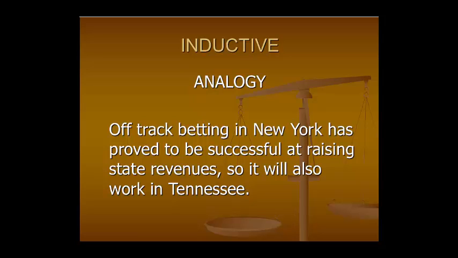And in New York, you can go into these special companies and place the bets legally, whereas you couldn't do it in most businesses. So is this something that should be in Tennessee? We'd have to take a look at an analogy and see if this is going to actually be something that could work. We have to understand what off-track betting is.